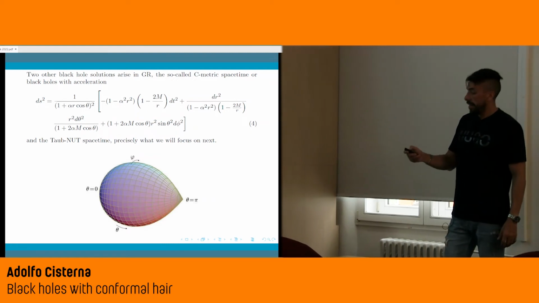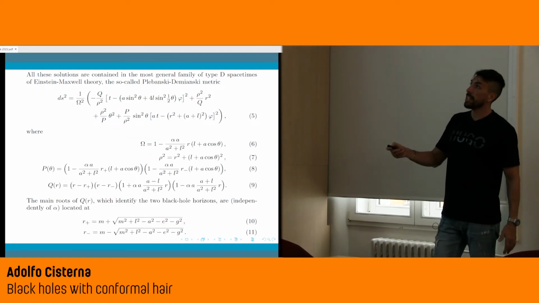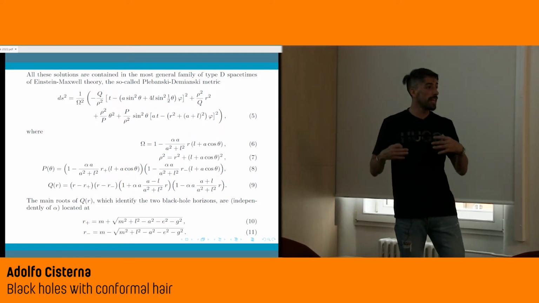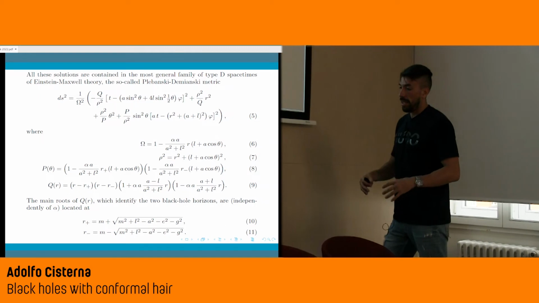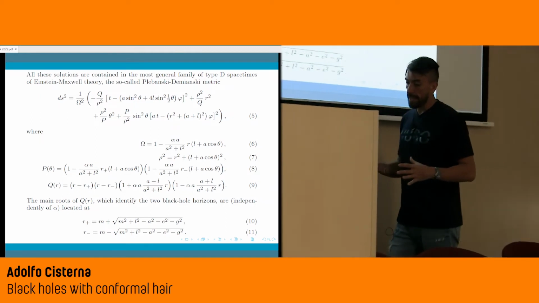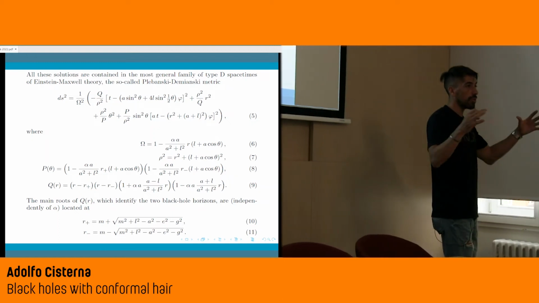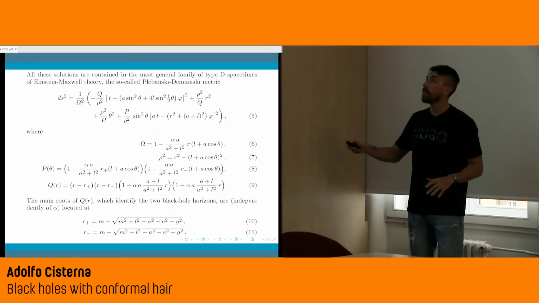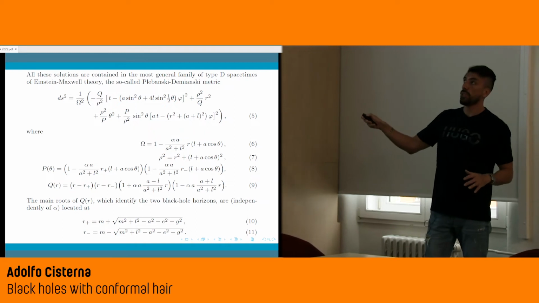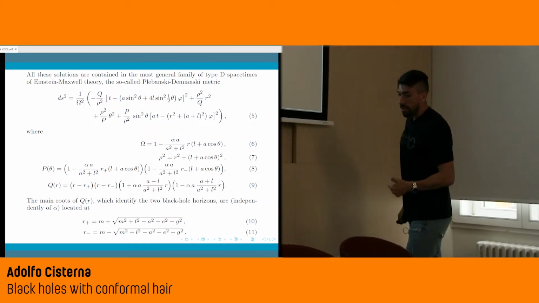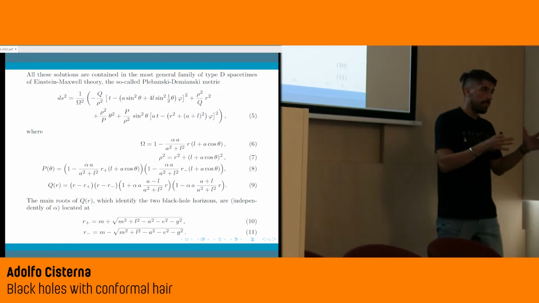And this metric, which is called the Plebański-Demiański metric, is given by this line element. So if I want to solve in full generality a metric of the type D family in Einstein gravity, and therefore find all black holes contained in GR in vacuum, what I'm going to find is this metric, the Plebański-Demiański family, and that includes, of course, Schwarzschild, which is the static spherically symmetric solution.